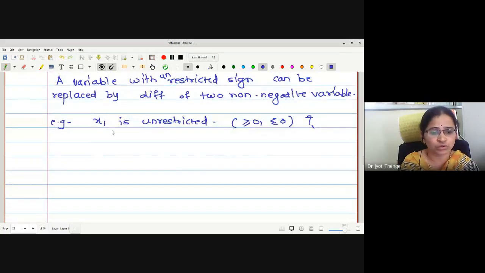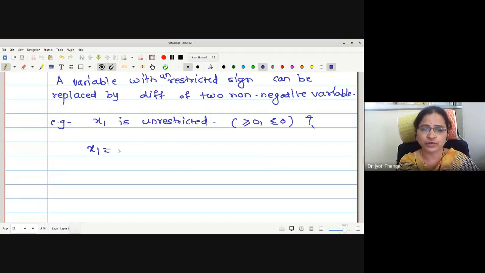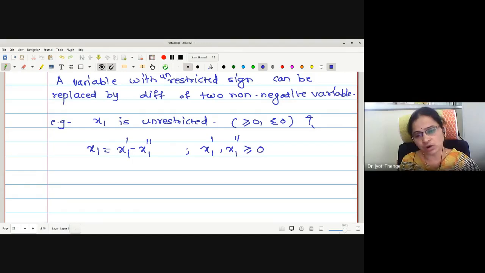Then what we are going to do, we will replace this x1 by the difference of two non-negative values. That is, we will put x1 as x1' minus x1'', where x1' and x1'' both are non-negative. What will happen? Now the value of x1 will depend on the relation between x1' and x1''.